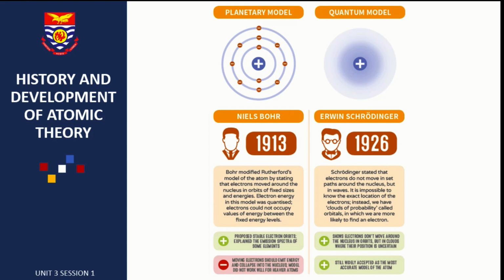Electrons could move around these energy levels, but had to do so by either absorbing or emitting energy. Bohr's suggestion of stable energy levels addressed the problem of electrons spiraling into the nucleus, to an extent, but not entirely.